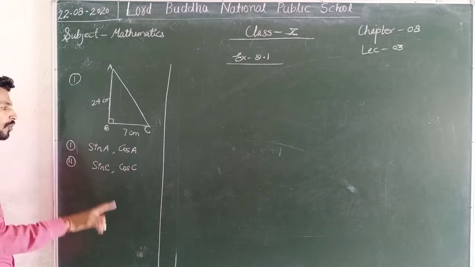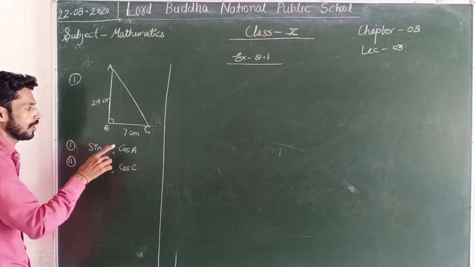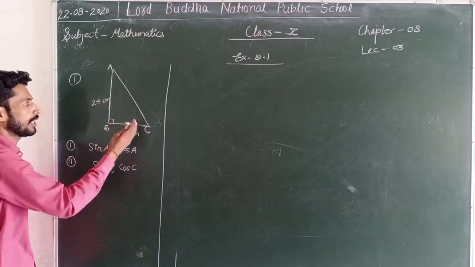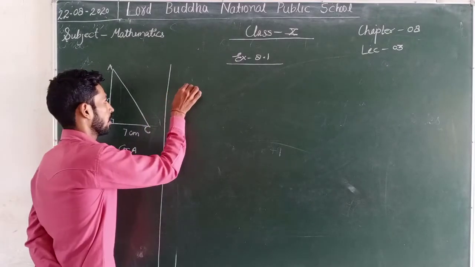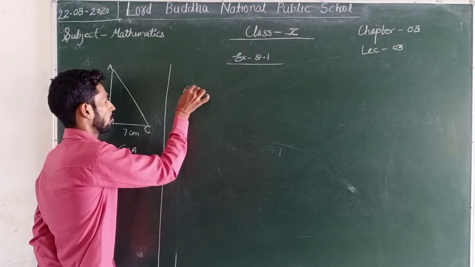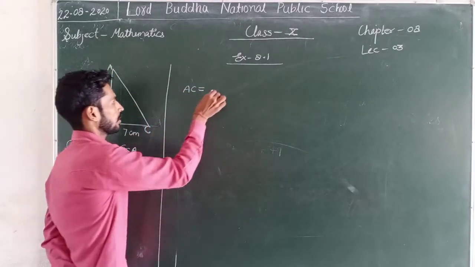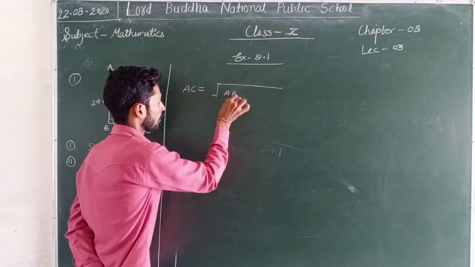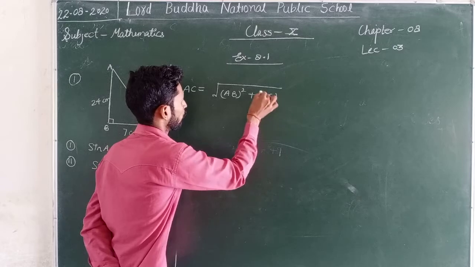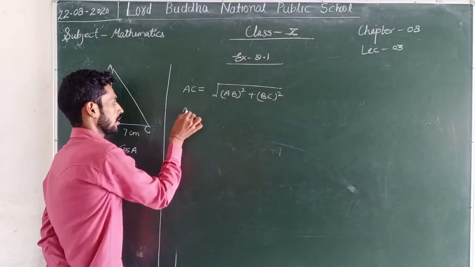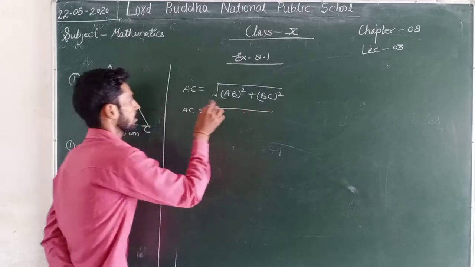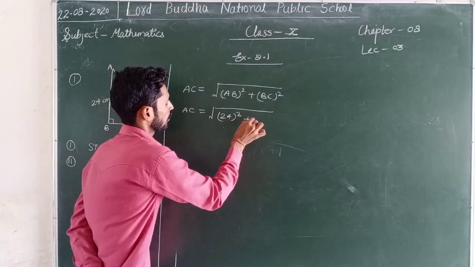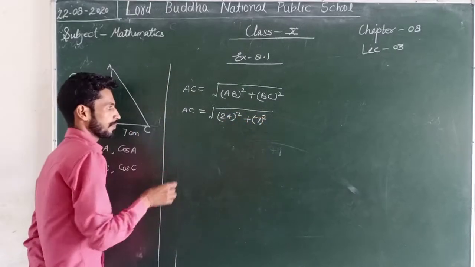If we are going to solve this type of question, then we have to calculate the value of AC, that is the hypotenuse of this triangle. AC equals under root of AB square plus BC square. So AC equals under root of 24 centimeter square plus 7 square.